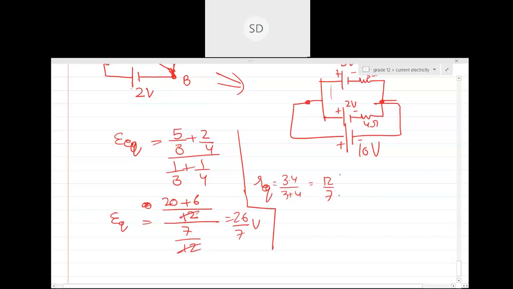R equivalent is 12 upon 7 ohm, and the E equivalent is 26 upon 7.